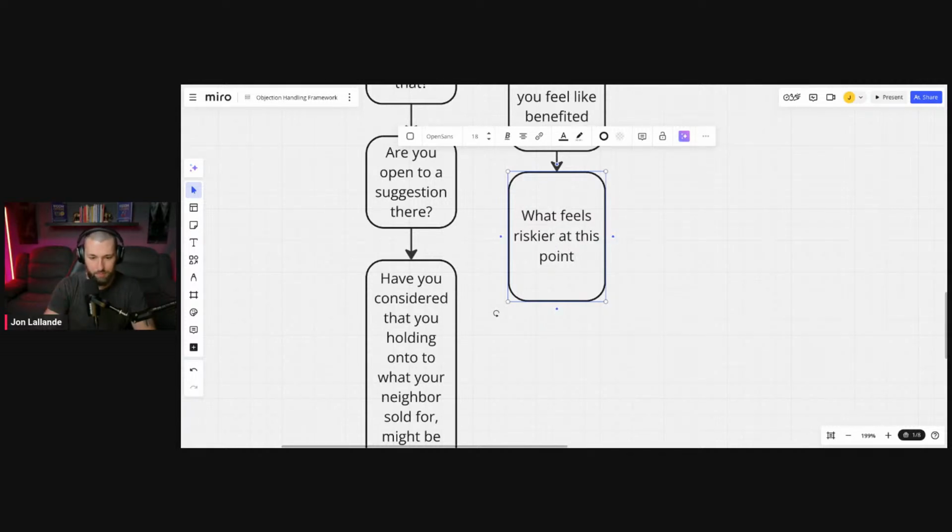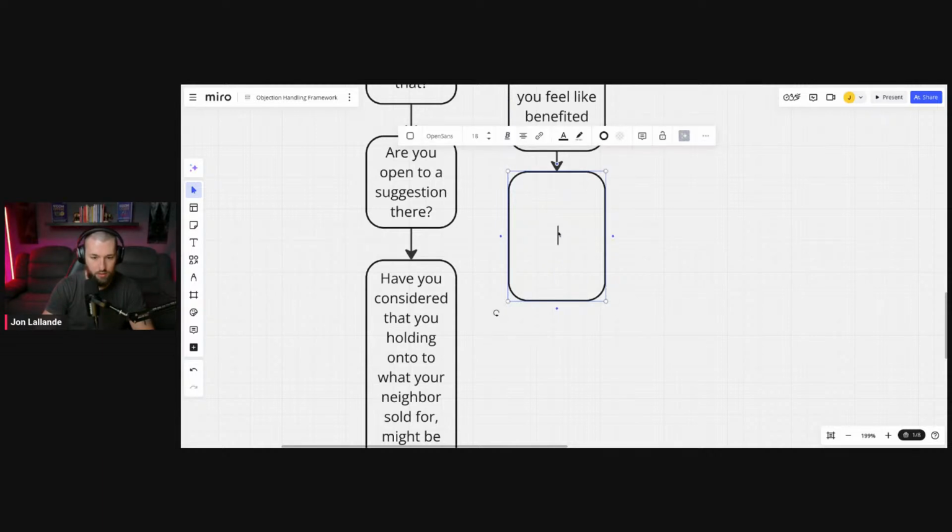Actually, I'm jumping ahead. I'm going to back up, because let's say we didn't get the right level of commitment. So you guys saw the commitment up there. Let's say that for whatever reason we missed that commitment phase.